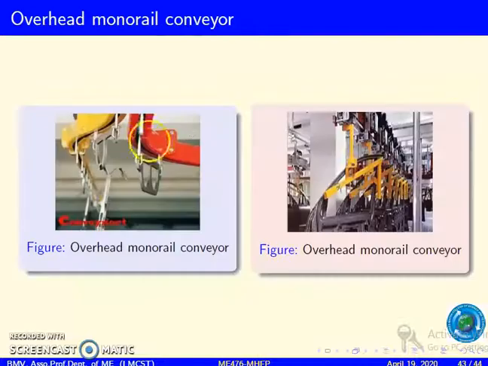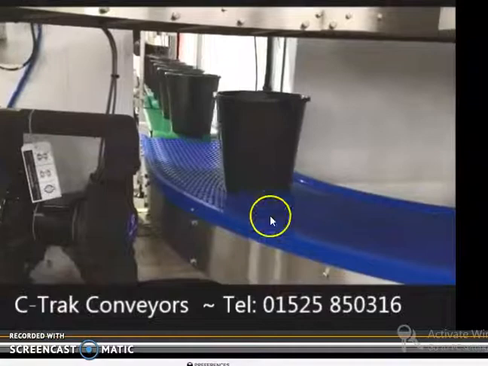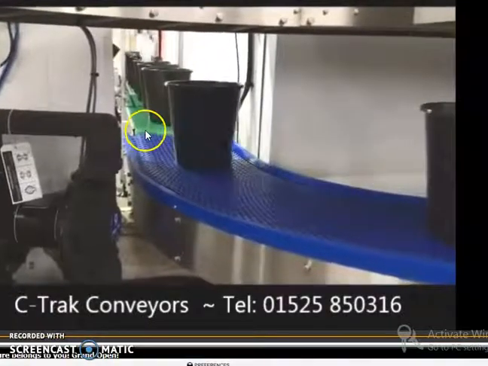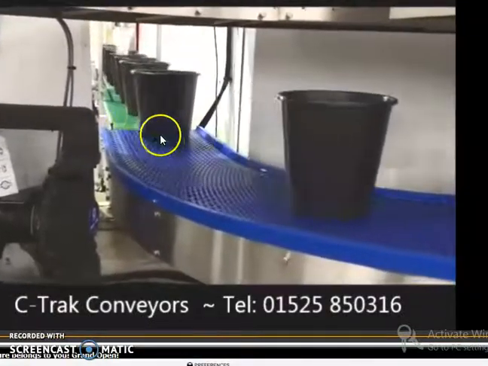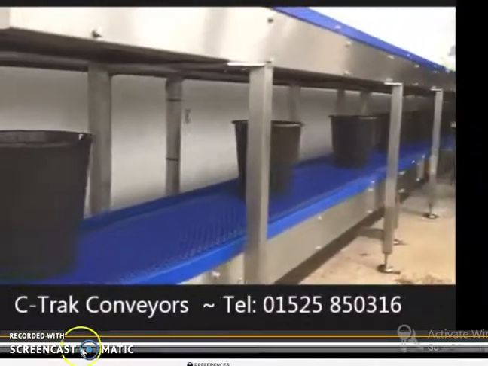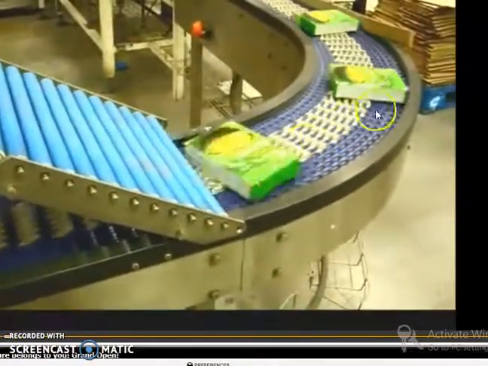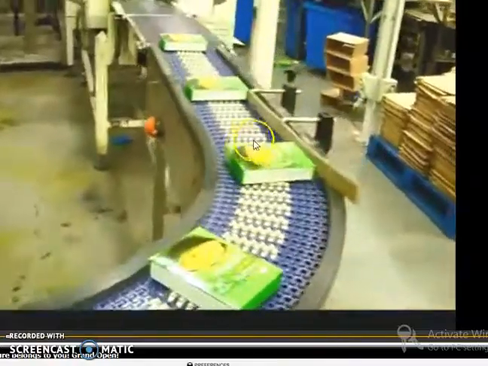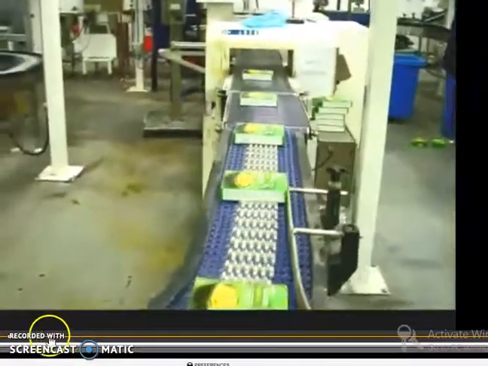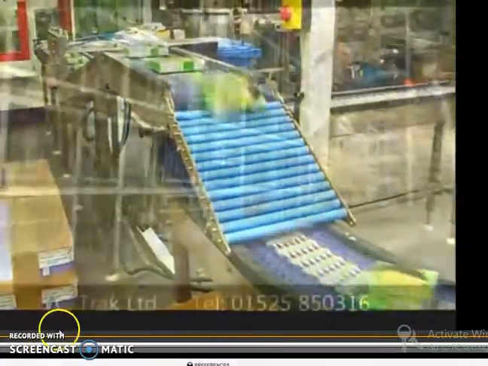Now we will see this overhead motorized conveyor here, and now we will see different types of conveyors. You can see the conveyors here for transporting material from one location to another, and this is a roller conveyor and a belt conveyor we have for the packing industry, packing process.